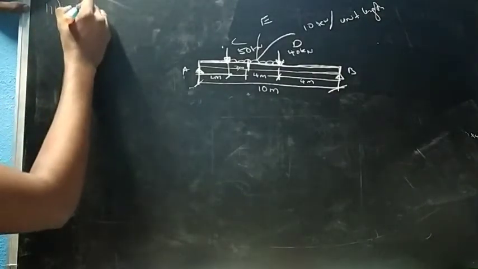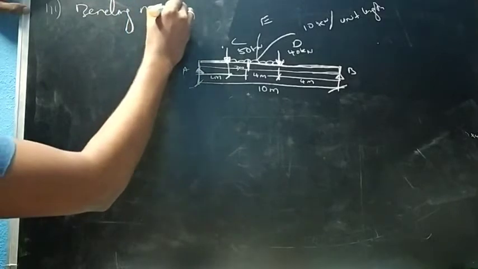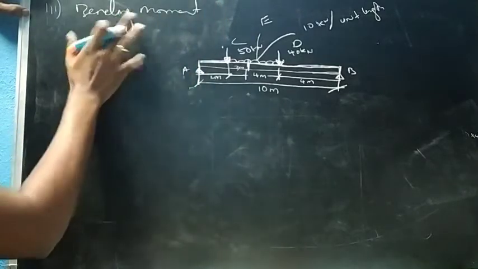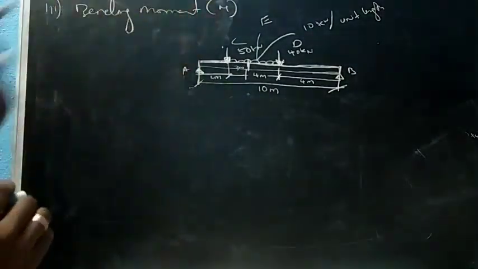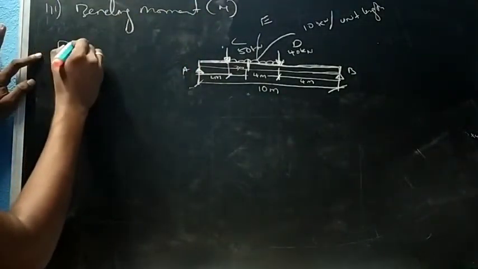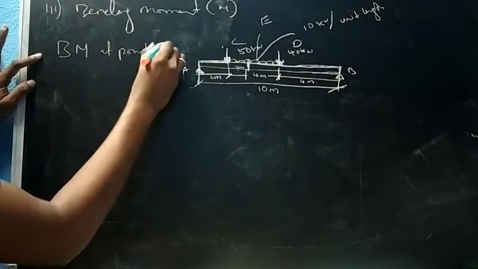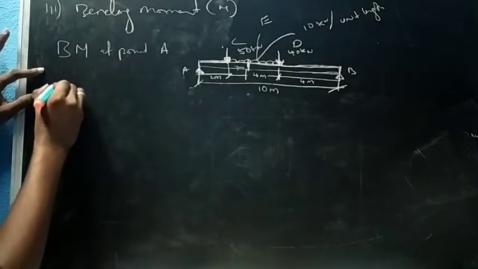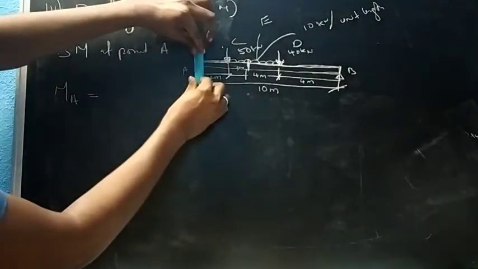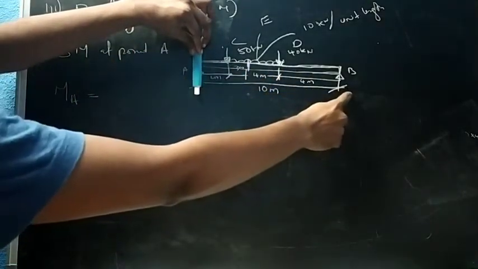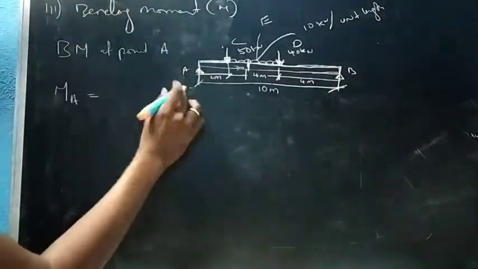Step number 3, bending moment, that is M. So the bending moment at point A, that is MA, equals to... so the axis is here, coming from right to left, so whatever things we have to consider.